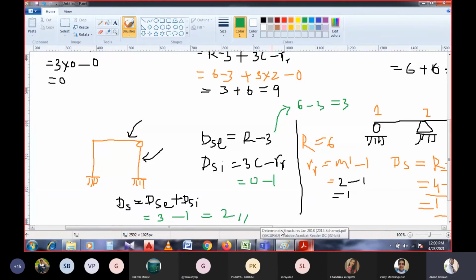So along with this, in some cases it will be asked whether the structure is statically determinate or indeterminate, or stable or unstable.